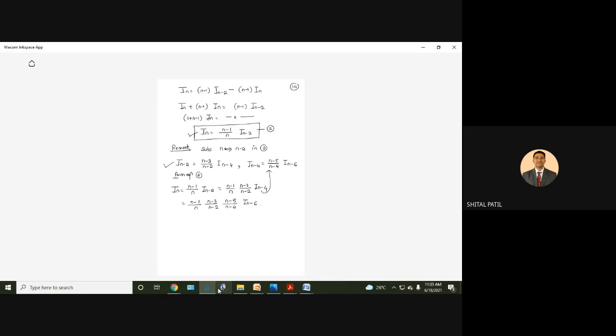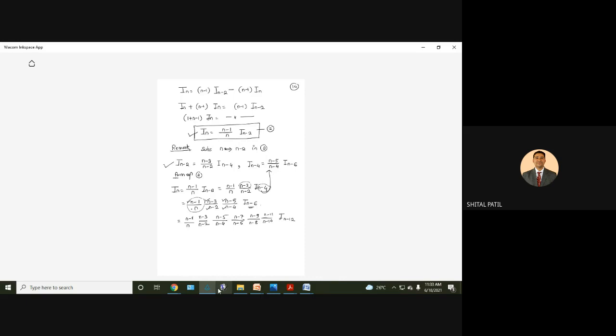Okay, so see, we are doing like this. We are starting from the denominator. See the first fraction: the denominators are n, n minus 2, n minus 4, and the numerators are n minus 1, n minus 3, n minus 5. If I write the next few terms, it will be like this: n, n minus 1, n minus 2, n minus 3, n minus 4, n minus 5, n minus 6, and so on.